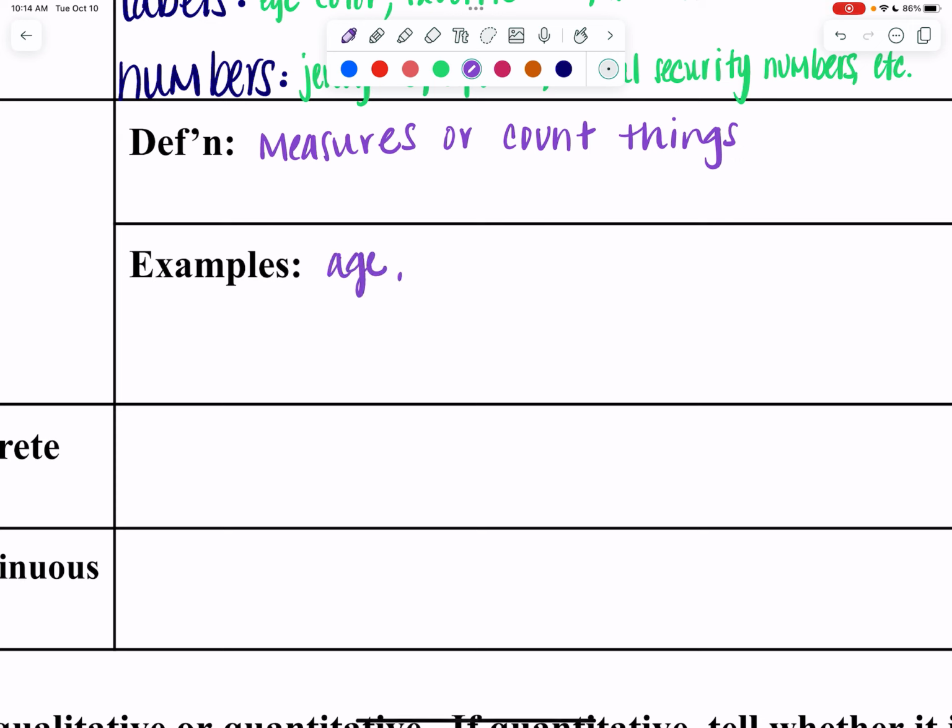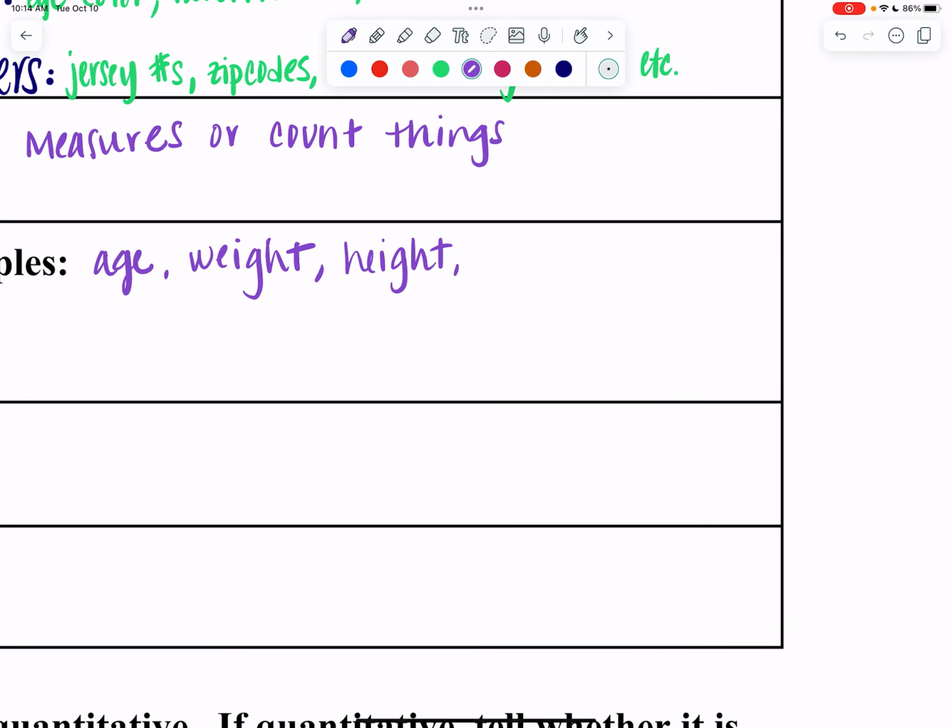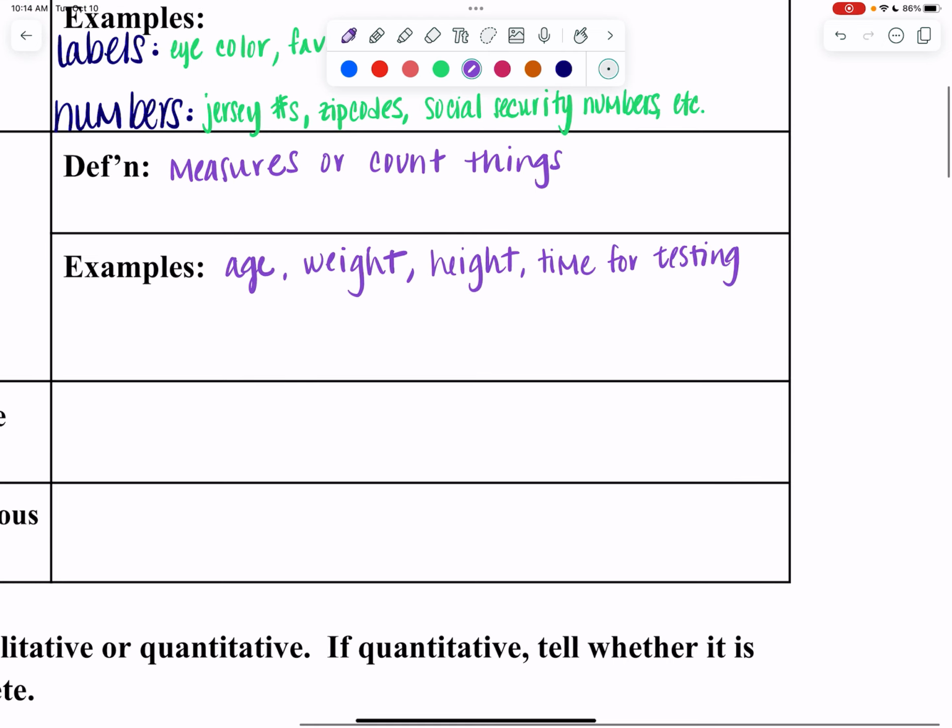We could measure weight. We could measure height. Or the time it takes to take a test. There are lots of others that we could use. Those are just examples. Notice that these will all have units.